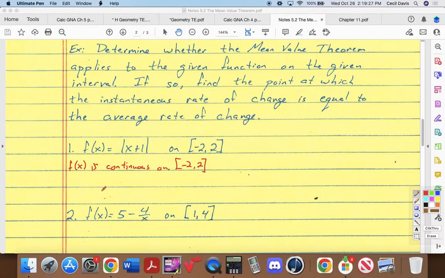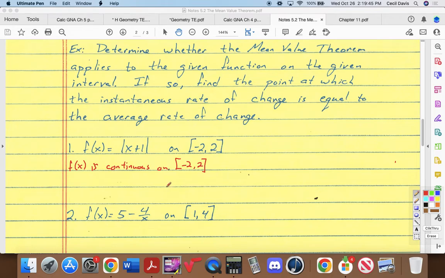Is this function differentiable on the open interval from -2 to 2? Why not? Where? No. Not for this one. This is not the absolute value of x. This is the absolute value of x plus 1.